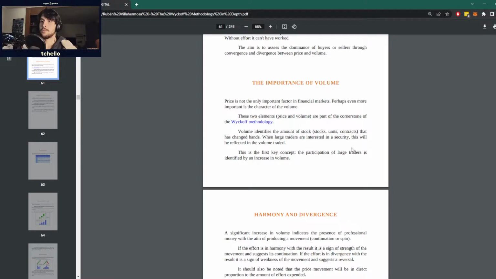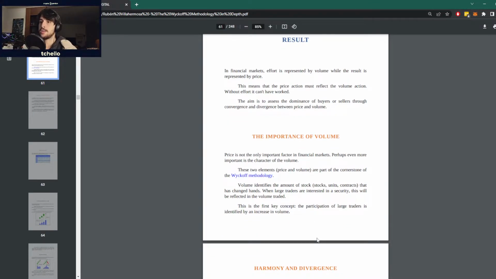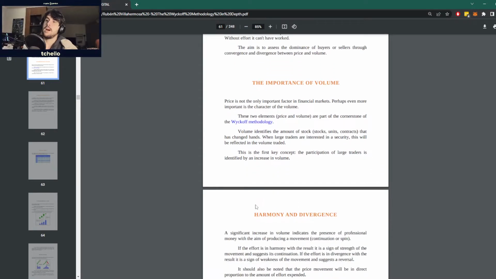Okay. So basically, the first key concept that looking at volume through this lens of effort and result brings us is that large traders can be identified by an increase in volume.